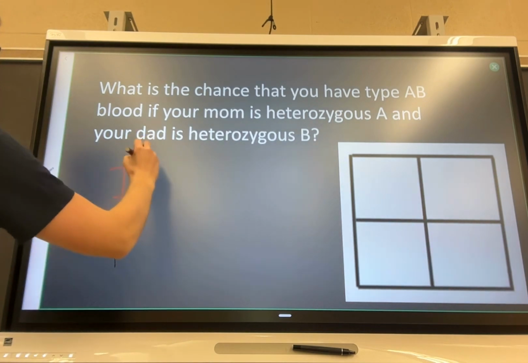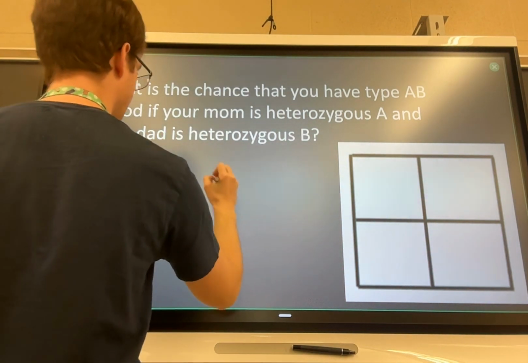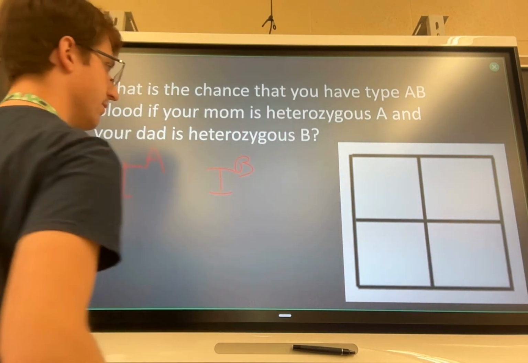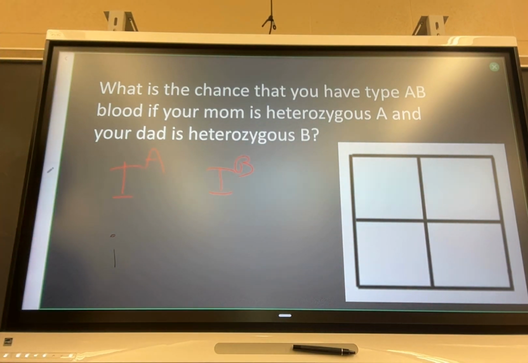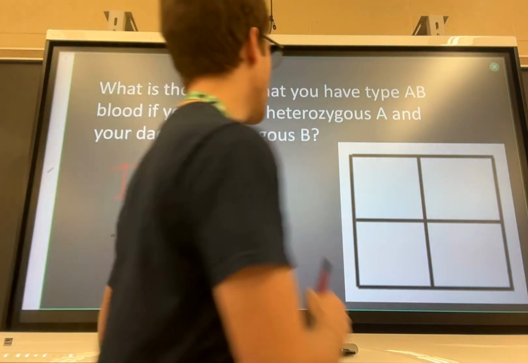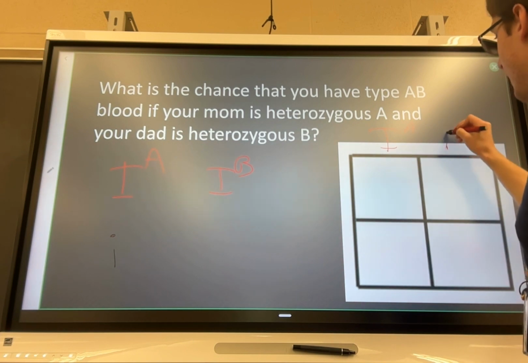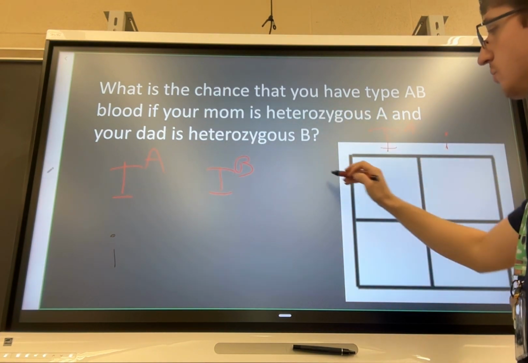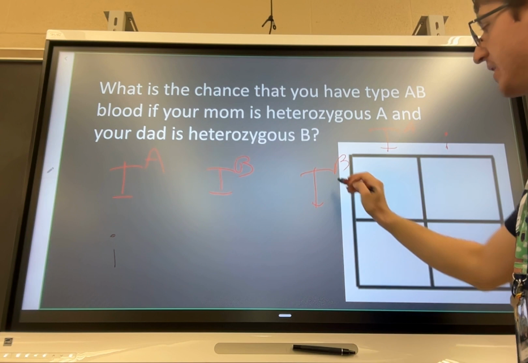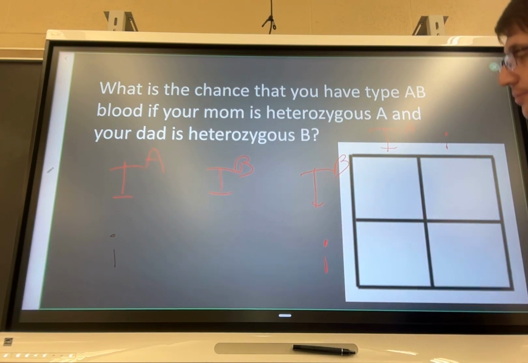We have IA and IB. So if we are heterozygous for A and heterozygous for B, that means we have 1 dominant trait and 1 recessive trait, which means that mom has to be IA and little i. Dad has to be IB and little i.